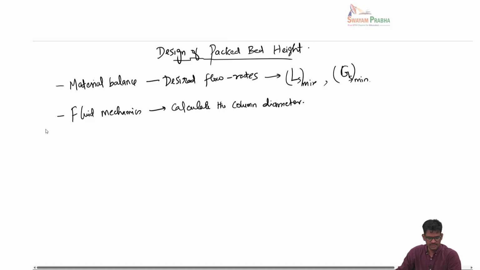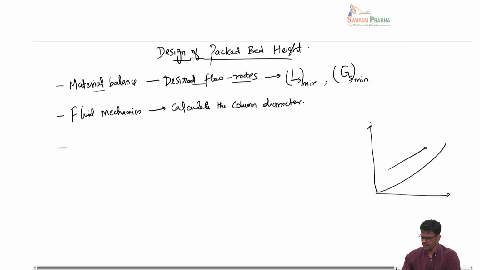And subsequently, if you look at these material balance problems, usually we have an equilibrium line, and then we would have an operating line, and from the operating line the slope is proportional to the flow rates ratio L by G. Okay, so this is Y2, this is X2, this point is Y1, and this point is X1.